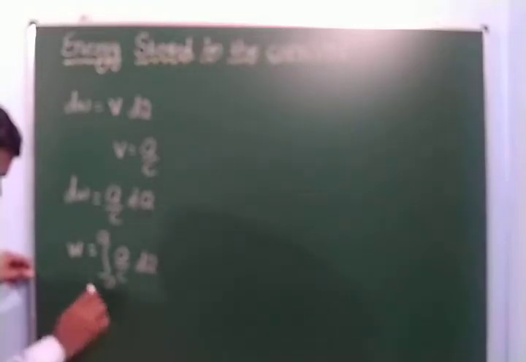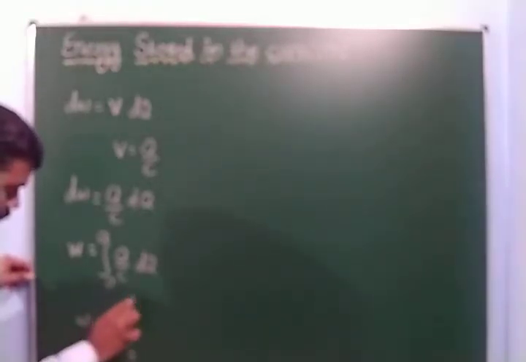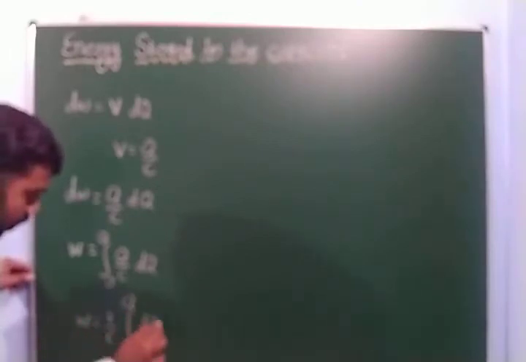This is the limit from 0 charge to the maximum charge we stored in the capacitor. 1 by C is a constant term, taken from outside. So W is equal to 1 by C integration of 0 to Q of q dq.